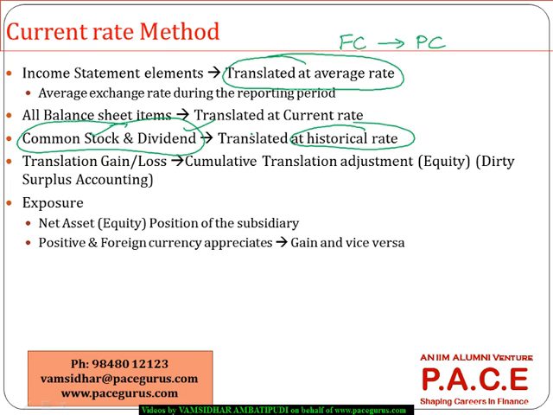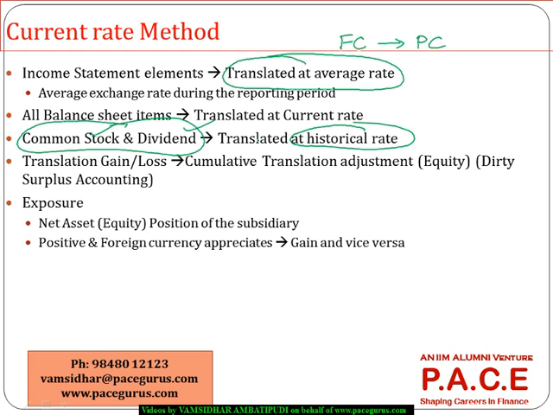Rest all are translated at the current rate itself, right? Whereas every element of the income statement, we translate at the average rate. So let's try to look at one example.